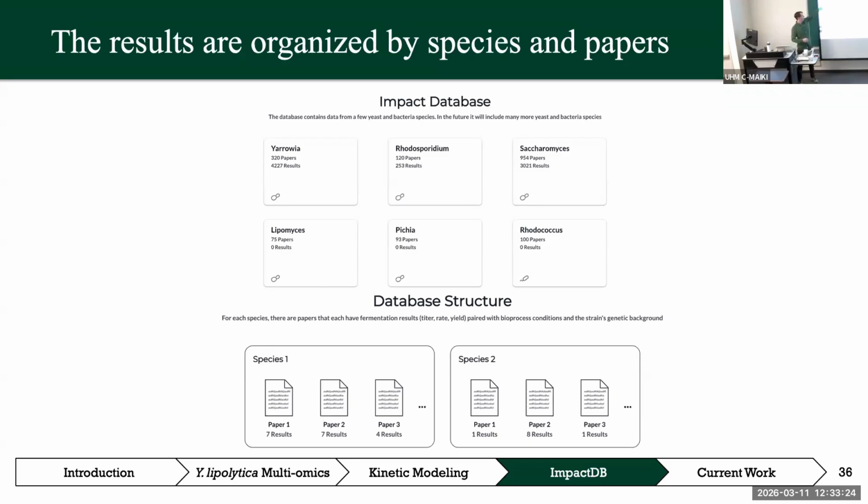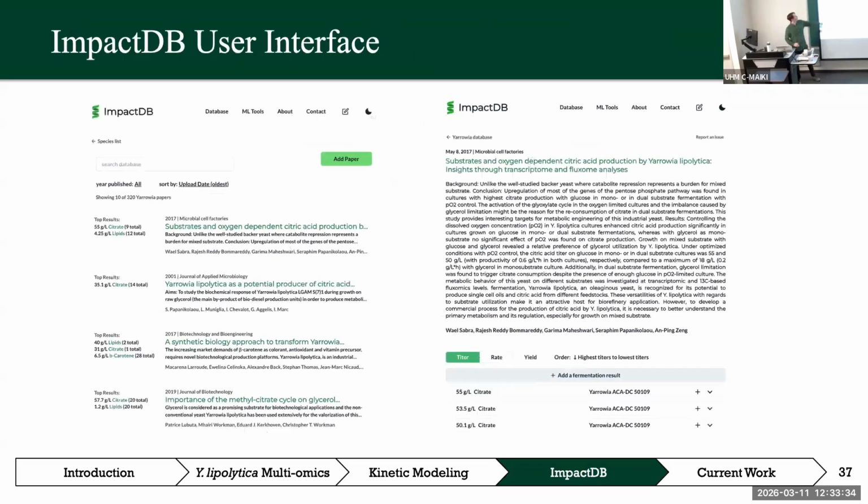And then inside of a species or genus, there's a bunch of papers. So if you click on, say, the Yarrowia button, you would then see this sort of Google search result list where it shows the different papers and the top results. And if you click on a given paper, you can then see the abstract and a list of fermentation results.